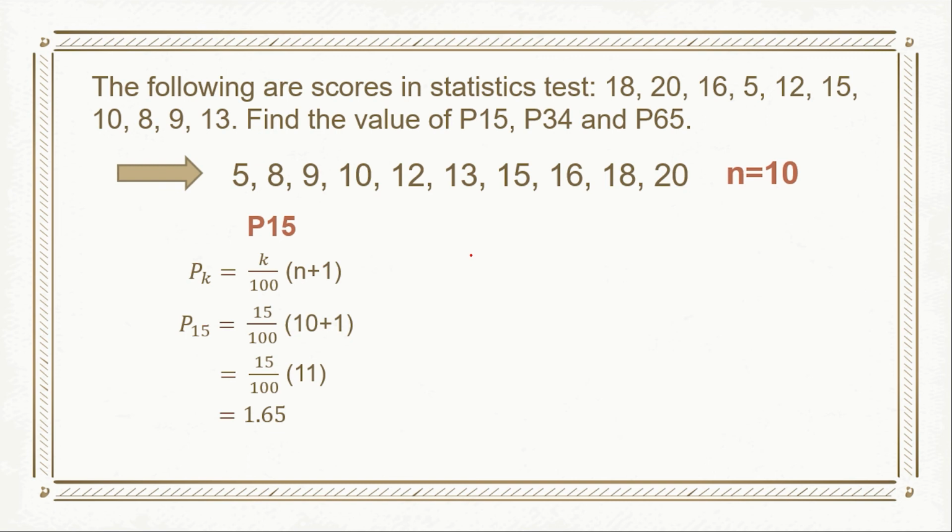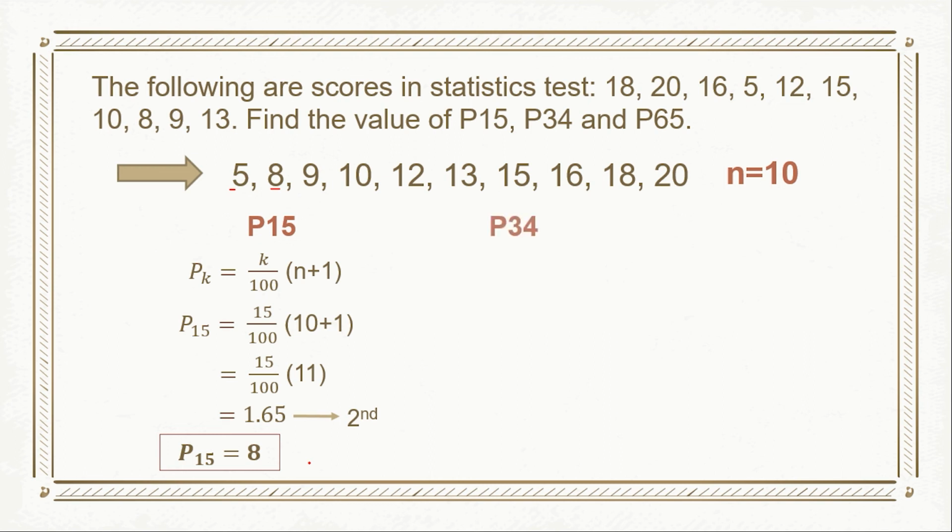Okay, so since P15 is equal to 15% and 15% is less than 50%, therefore kailangan natin siyang i-round up. So 1.65 is equal to 2. Therefore, ang hahanapin nating position is yung pangalawa. Okay, so bilang tayo, we have 1, 2. Therefore, the value of percentile 15 is equal to 8. And if we will interpret it, percentile 15 is equal to 15%. It means that 15% of the student has a score of less than or equal to 8.